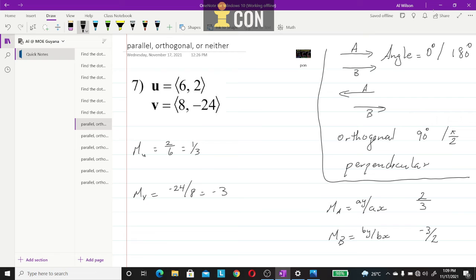Since we have a case of a negative reciprocal, I'm not even sure if I'm spelling this right, it tells us that these two are orthogonal. I know this is a little bit messy, so I won't be doing all this for the other ones. I'll just move into actually solving.